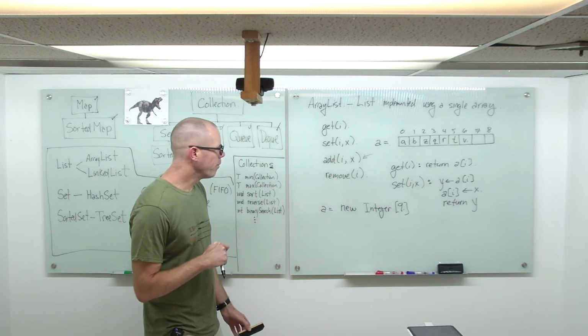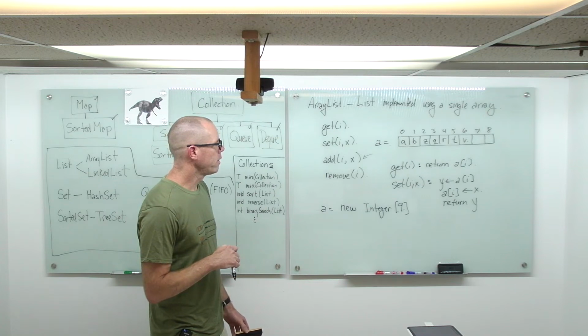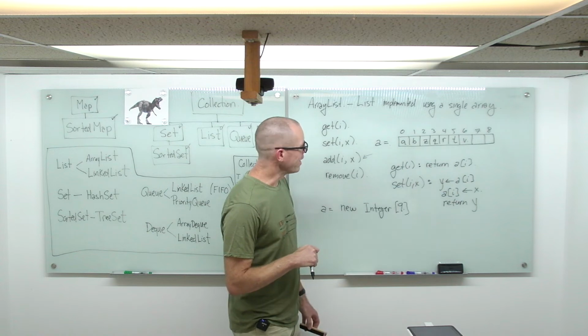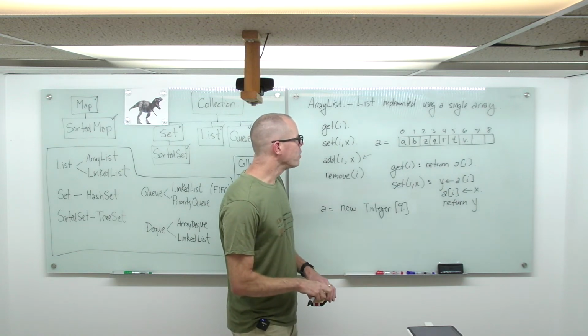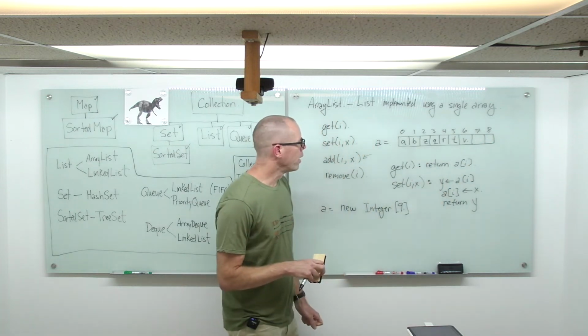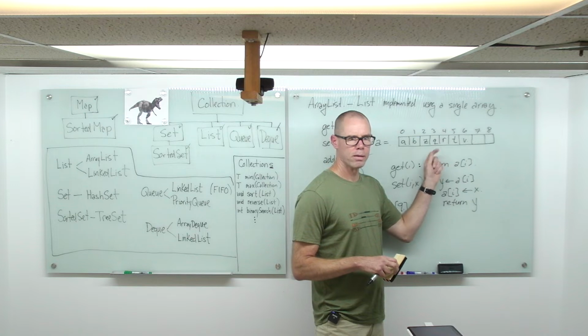A trick that the ArrayList implementation uses, and it's kind of already illustrated here, is that in general the array used to implement the list will usually be larger than the actual number of elements in the list.